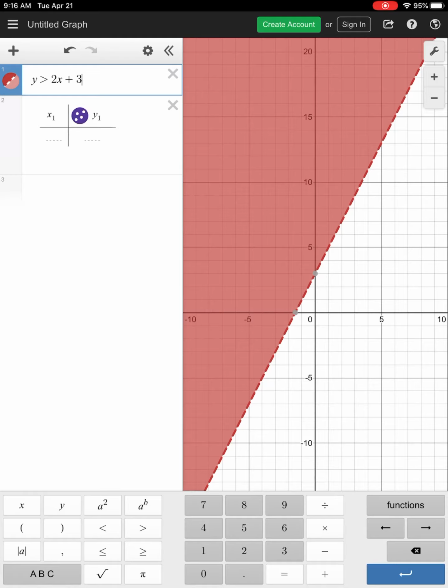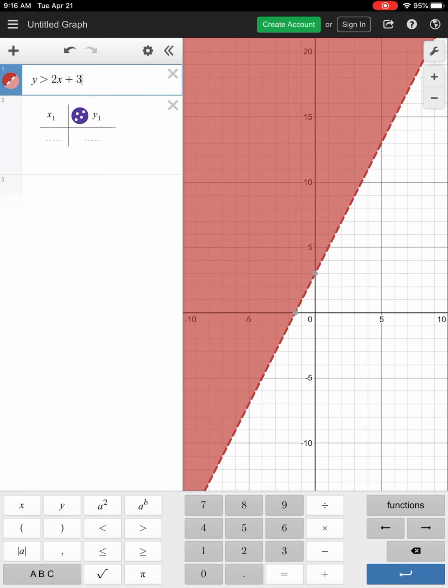by shading the points. The way that we can quickly identify which way to shade is to use one test point. Just like on our single variable inequalities, where we had a test value that made us go to one side or the other when we drew our arrow, you could test an easy point like 0, 0 and see if it works or not.